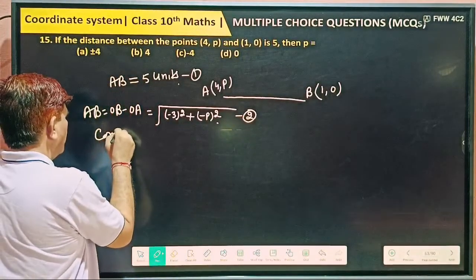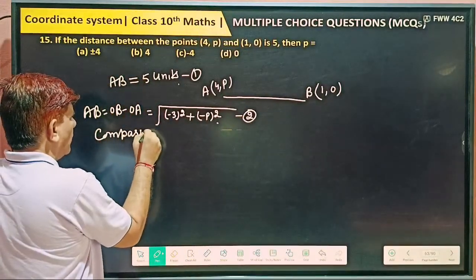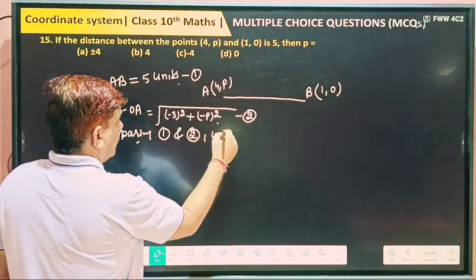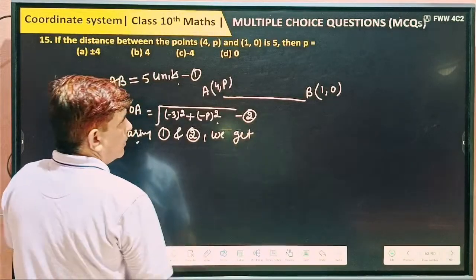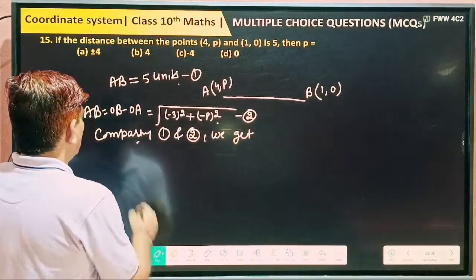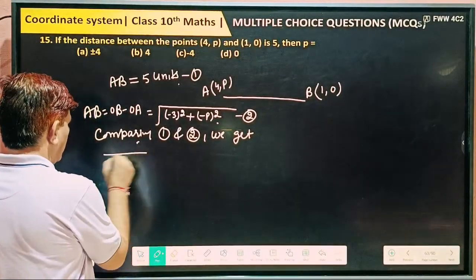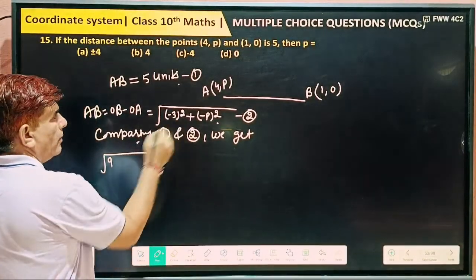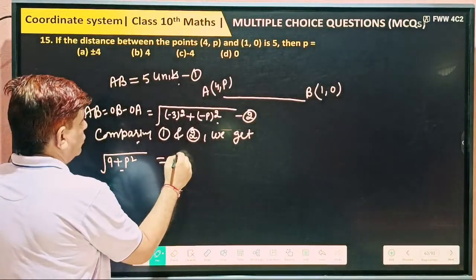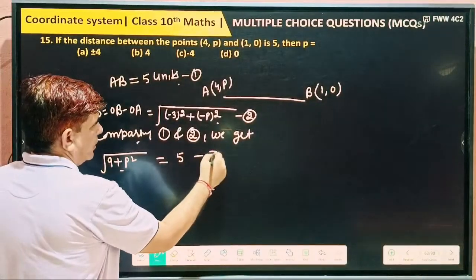Comparing first and second, we get under the root 9 plus P square equal to 5. This is your number 3.